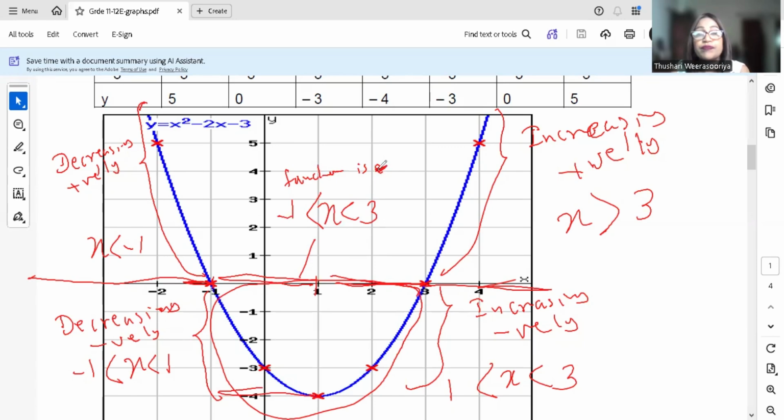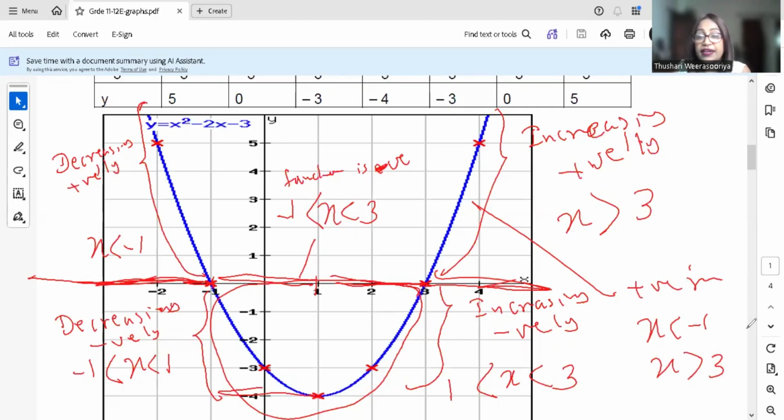If the function is positive, how do you write? The region of these two. Positive range. That is X is less than minus 1 and X is greater than 3. And you write them separately. That's how you write the regions.